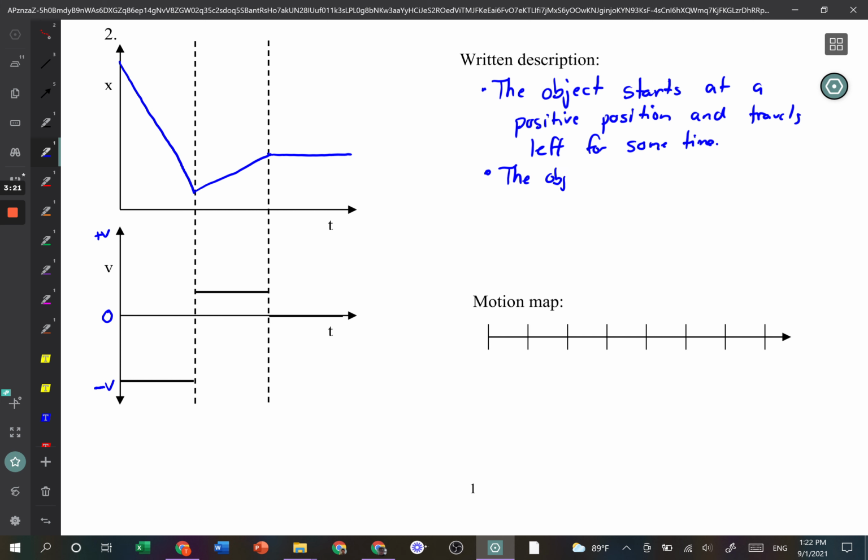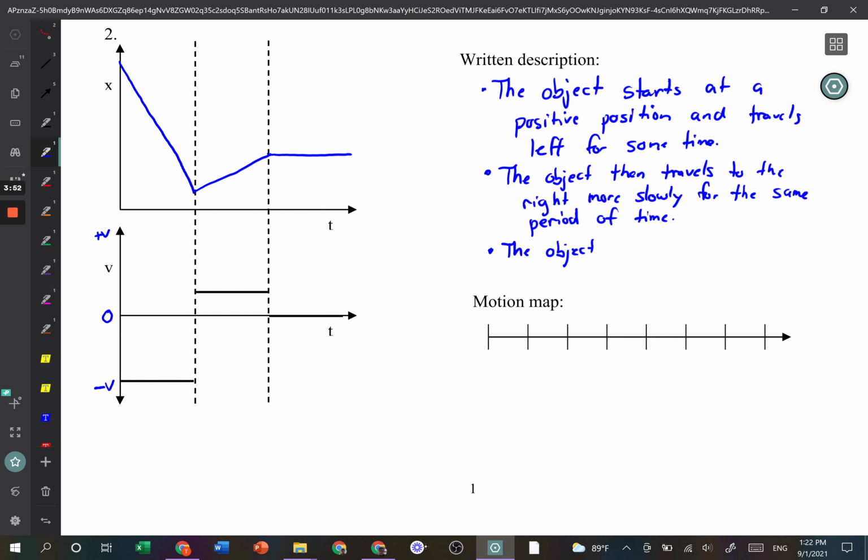So the object then travels to the right more slowly, for it looks like the same period of time. And then the last region of the graph, the object comes to a rest for some period of time.